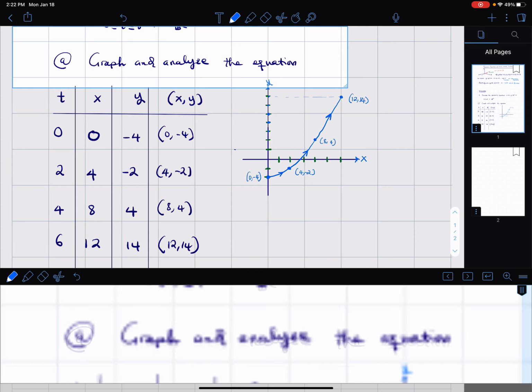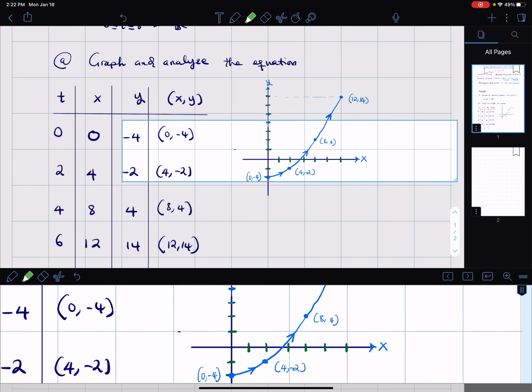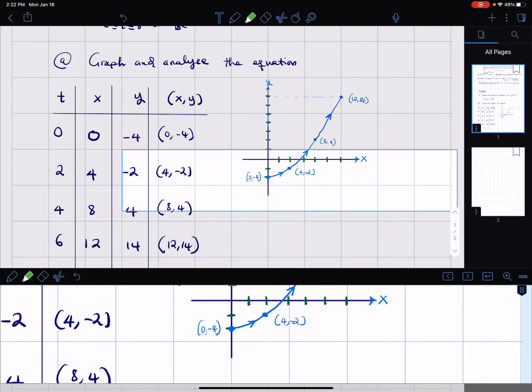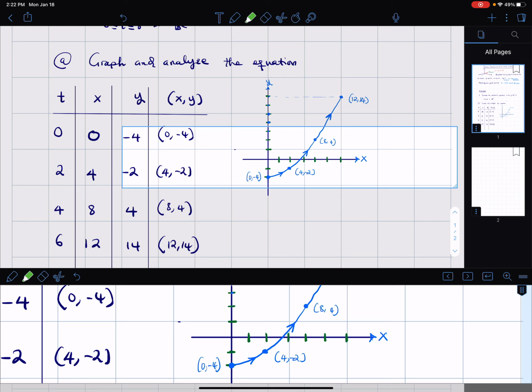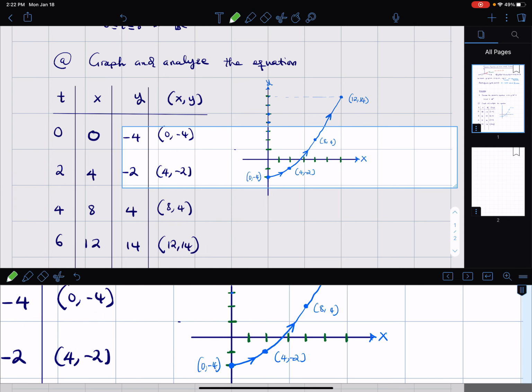This direction that it's going, I'm going to make it yellow. This direction is the forward. We call this the forward direction. We also call it the positive direction.